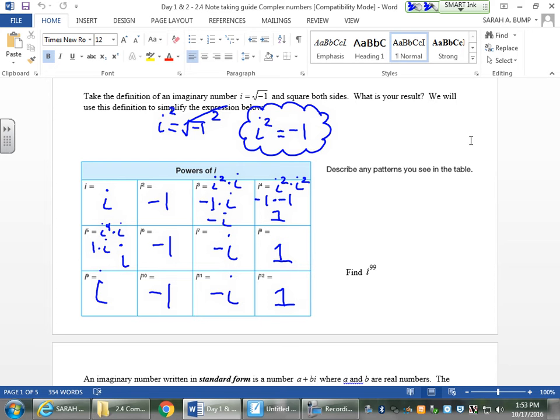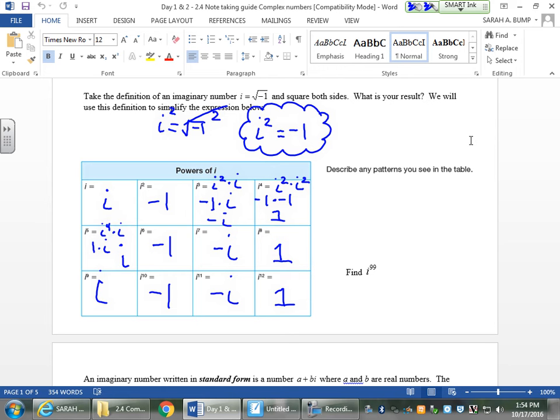Therefore, we could use that pattern to do questions like i to the 99th power without going through and filling out 99 boxes. The easiest way I think of doing it is, since the pattern repeats every 4, to divide 99 by 4 and see how many times 4 goes into 99.